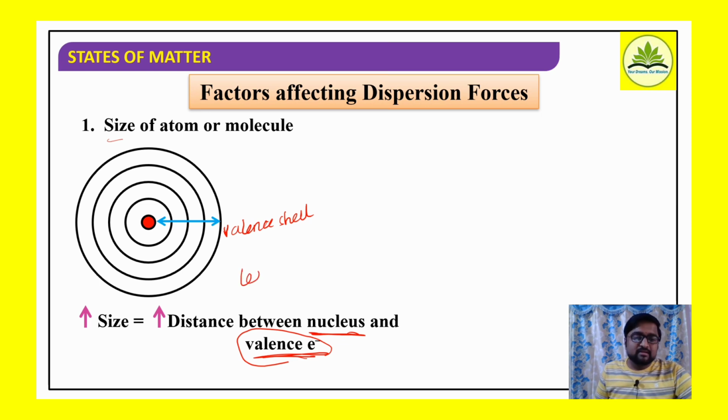So if size is large, the distance between nucleus and valence shell electrons is more, and therefore the attraction between them will be less.